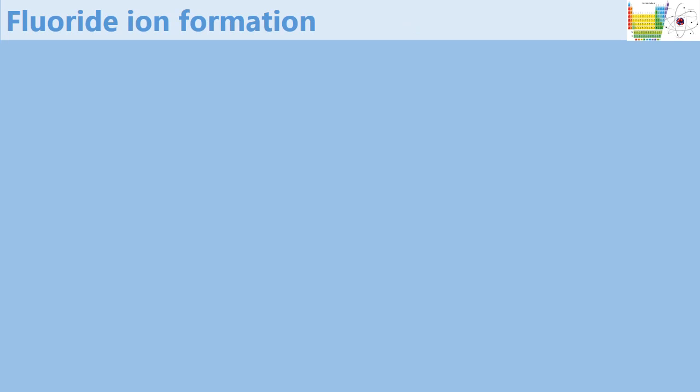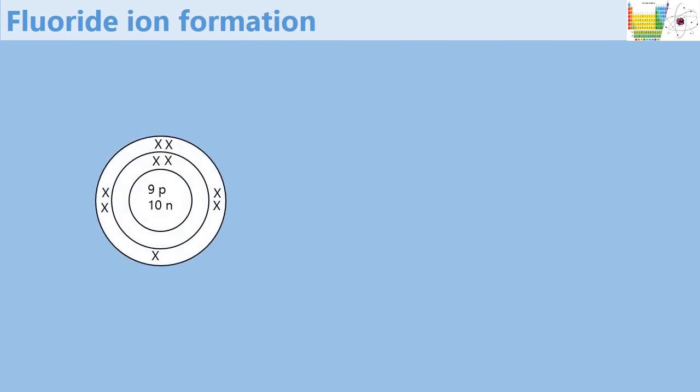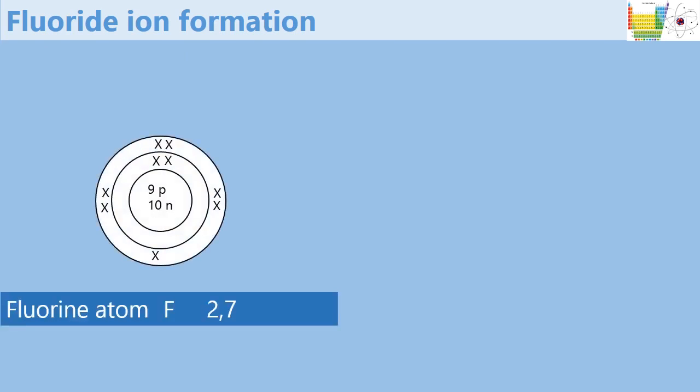Fluoride ion formation. Fluoride ion is derived from the fluorine atom. The procedure is as follows. We start off with a fluorine atom, symbol F, electron configuration 2,7.